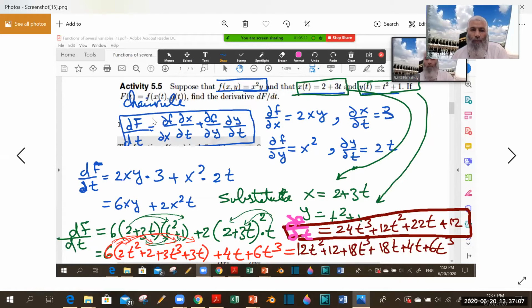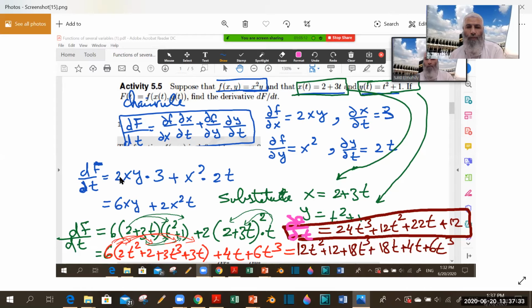We want to find df/dx, dx/dt, df/dy, dy/dt. df/dx is 2xy. dx/dt is 3. df/dy is x squared. dy/dt is 2t.